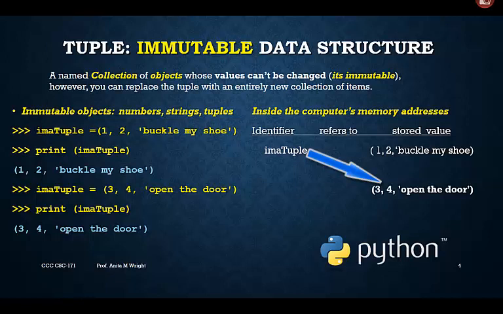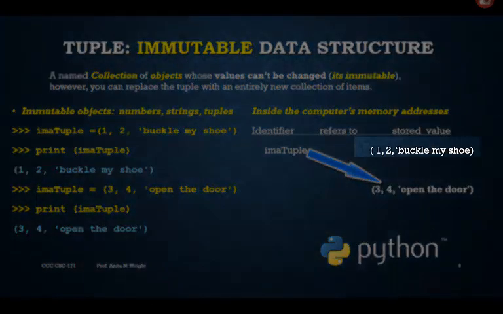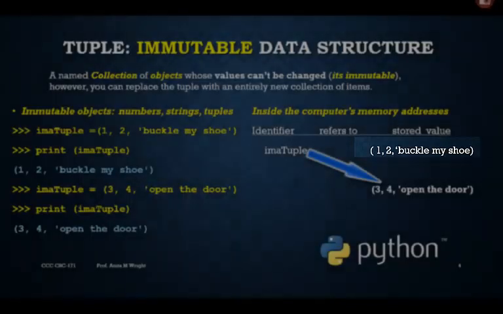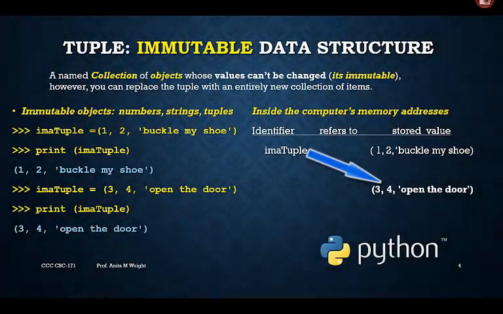The original collection of 1, 2, buckle my shoe is still taking up memory space, but we have no way to retrieve it because no identifier is associated with it. It is now garbage, taking up space, and eventually Python will clear it out by a process called garbage collection.